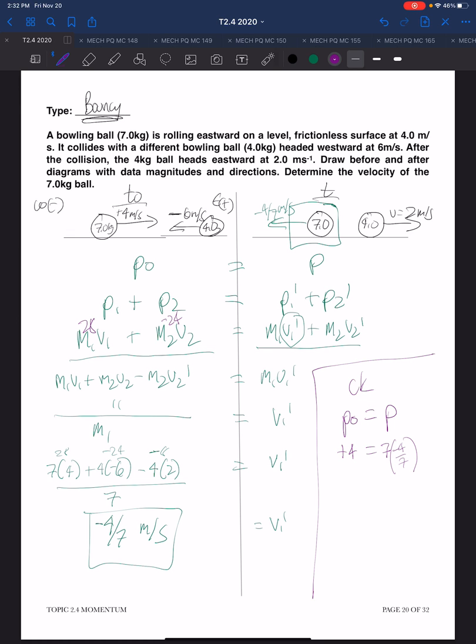Particle 2 has a mass of 4 and a velocity of 2, giving plus 8. So we're left with plus 4 on this side and plus 4 on that side, and that checks out. We could have listed our terms beforehand, which makes it a little easier.